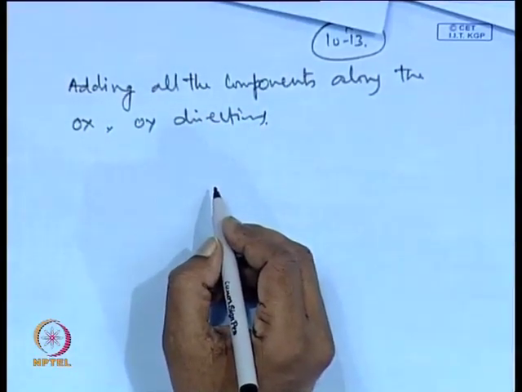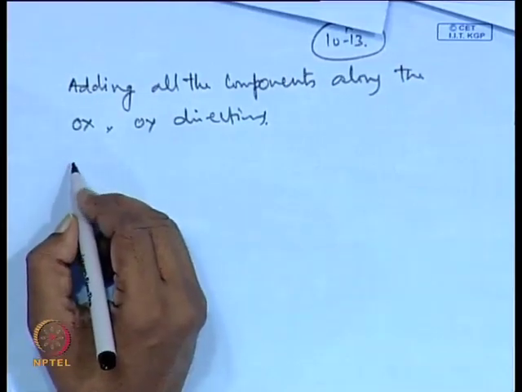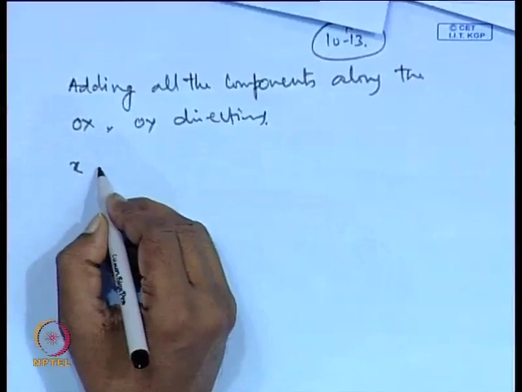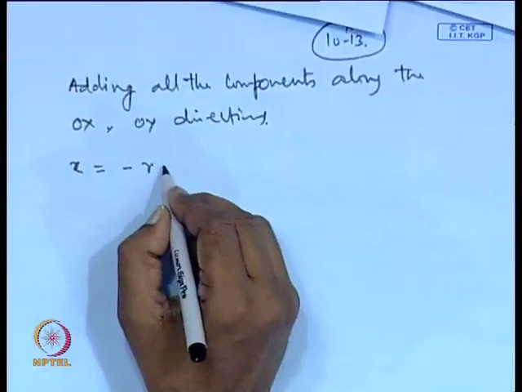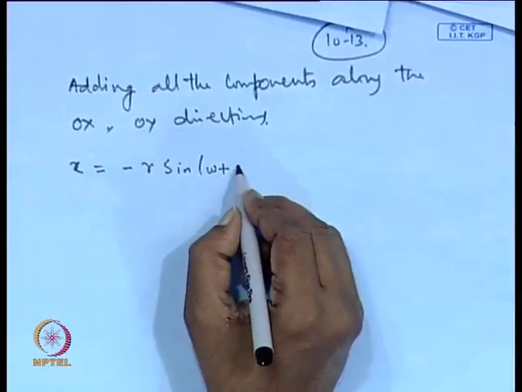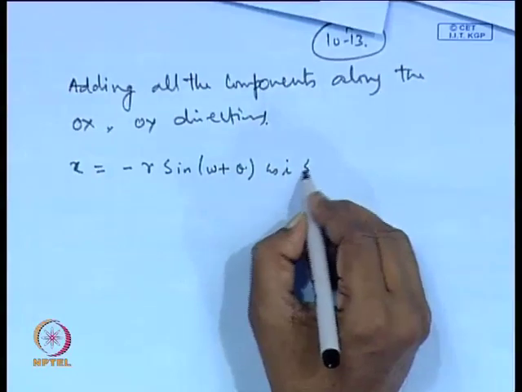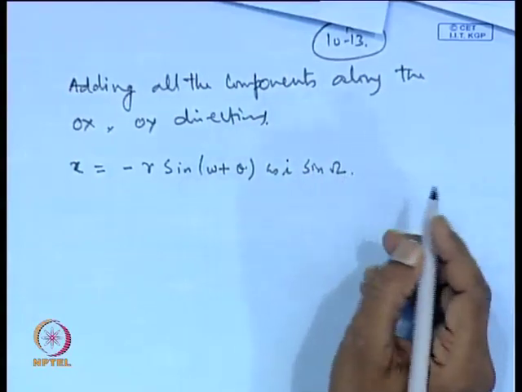Okay. So, if we add, we get the corresponding x, y and z values. So, x will be given by minus r sin(omega plus theta) cos I times sin capital omega.